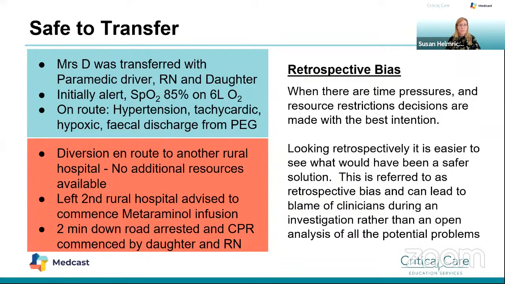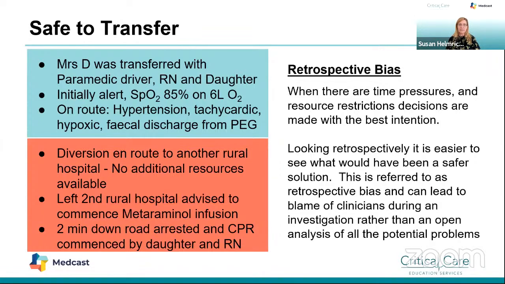So when there are time pressures and resources that are restricted that influence our decisions, we make decisions based on our best intentions, what we think is going to be the best for the patient. Looking retrospectively, it is easier to see what would have been possibly a safer solution. So this is what we refer to as retrospective bias.